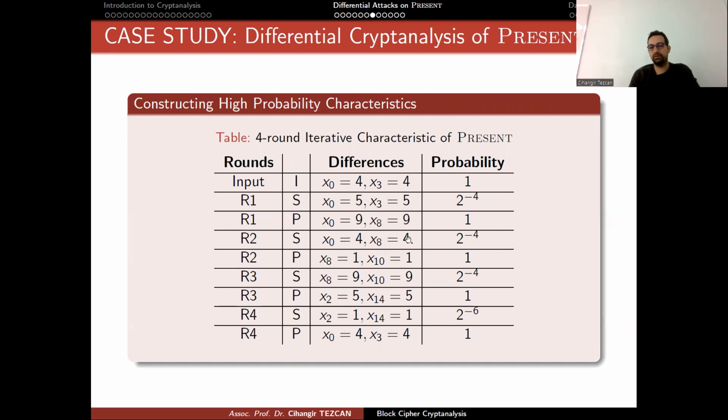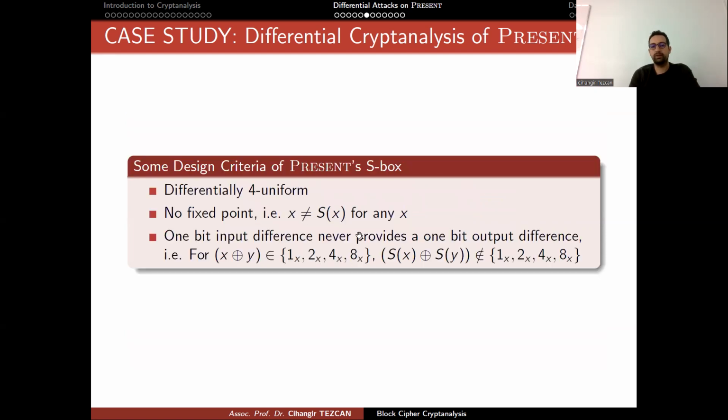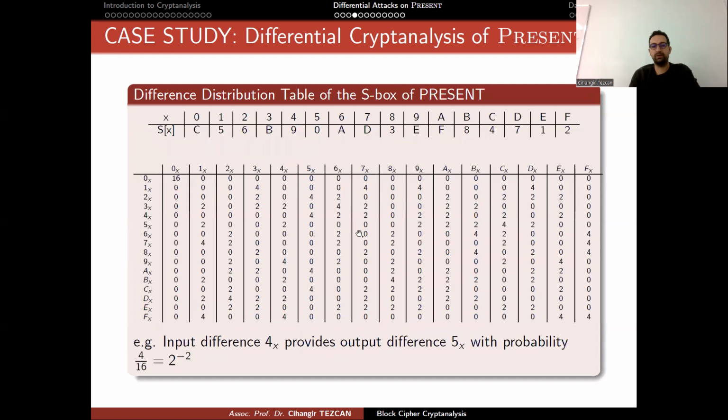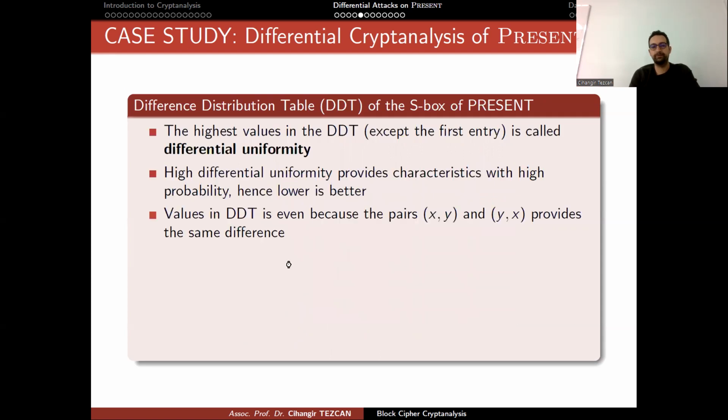So this is also 2 to the minus 2. You multiply them and obtain 2 to the minus 4. This means that if you look at the DDT table, 9 goes to 4 with probability 1 over 4. So let's go back to the DDT and check if this is the case. You look at the 9th row, and as you can see, you see 4 here for the 4. So the probability is 4 over 16. Okay.